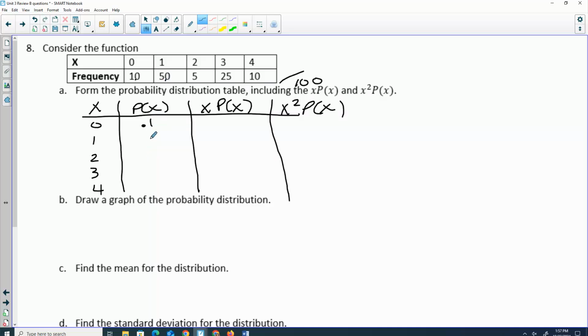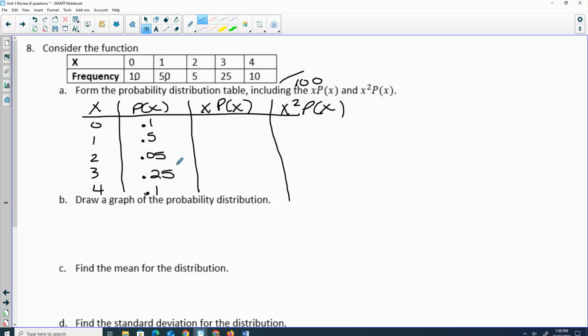When x is 1, 50 divided by 100 is 0.5. When x is 2, 5 out of 100 is 0.05. 3, 25 over 100, 0.25. And at 4, 10 over 100 is 0.1. And if you check, does that add up to a probability of 1? Yes, so we know we're on the right track.